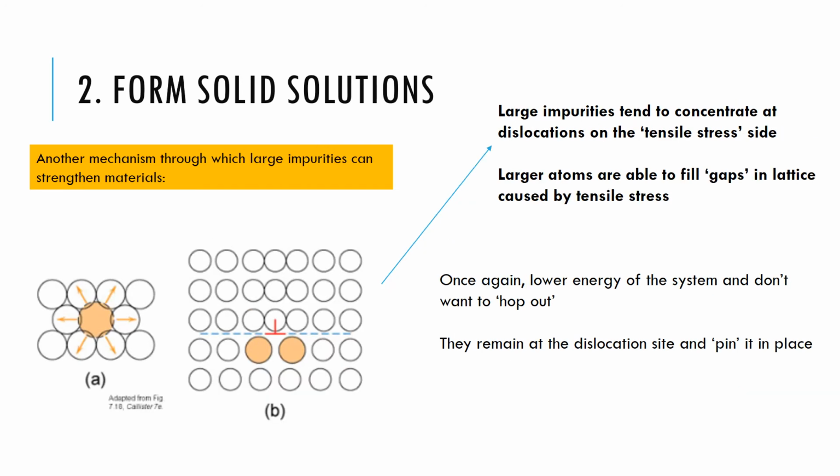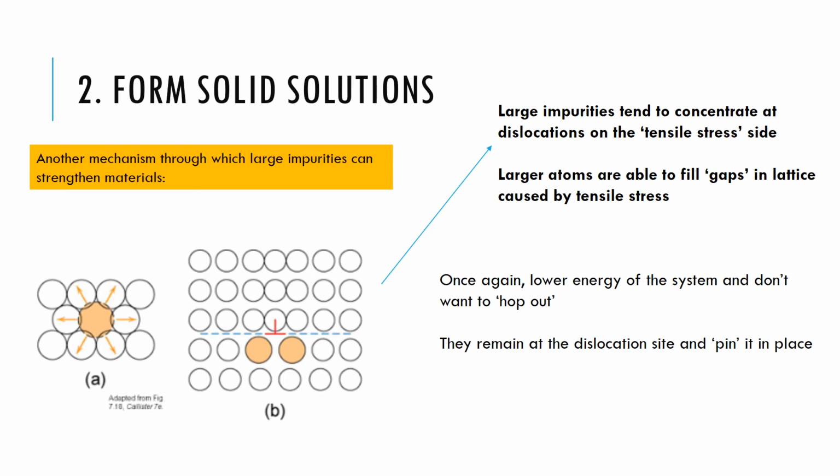Similarly, then, we can incorporate another mechanism through which larger impurity atoms can strengthen materials: the notion that they like to accumulate on the lower side of the Burgers vector, as shown in that diagram. They tend to concentrate on the tensile stress side of dislocations.